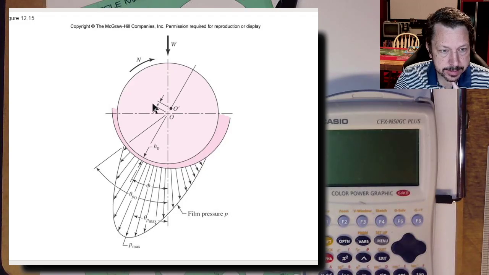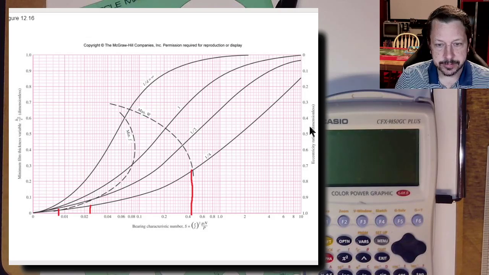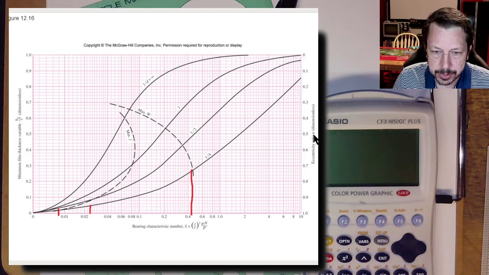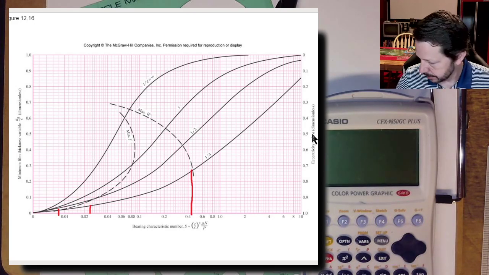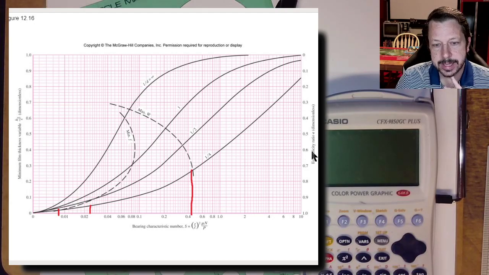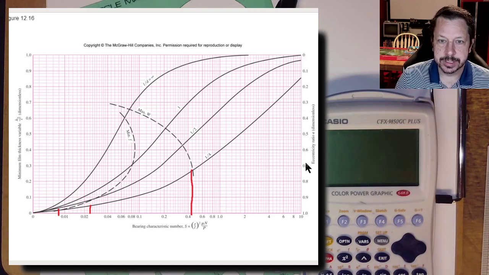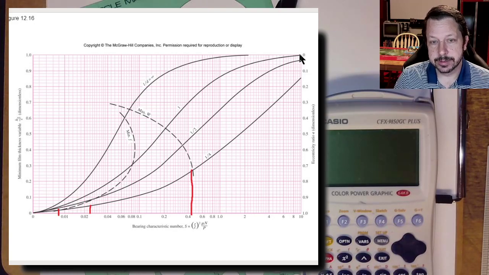Related to that is this eccentricity number. In fact, they're on the same chart. If you look at the other y-axis, the eccentricity ratio is, I'm going to use E, I think it's actually an epsilon, but that is basically the ratio of how far off center it's moved. So if you're up here at 0, then it's still concentric, so it's right in the center.